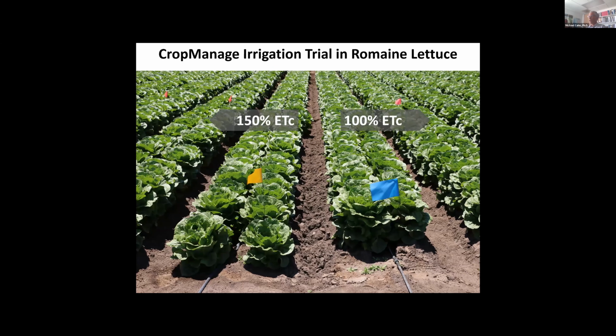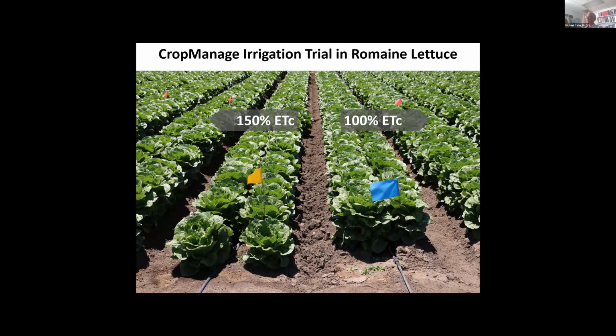So another unique feature I think about CropManage is we're constantly doing trials to make sure the algorithms are accurate. We don't want growers using this software and finding out the recommendations are not good. So we've done irrigation trials as well as nutrient or nitrogen use trials for many crops that are included in CropManage.